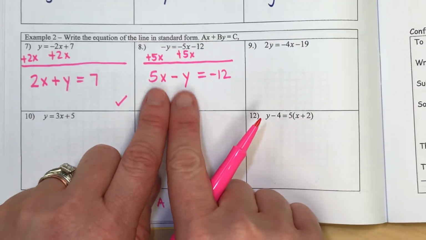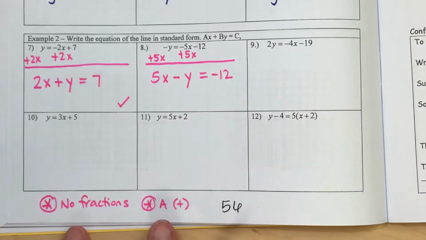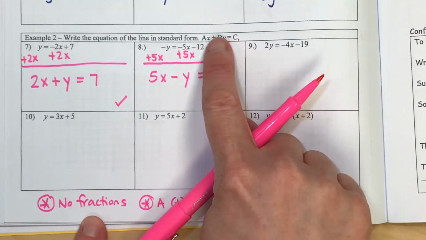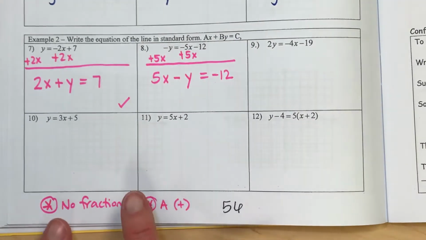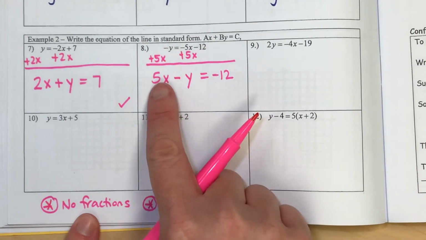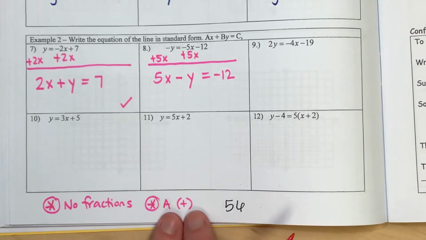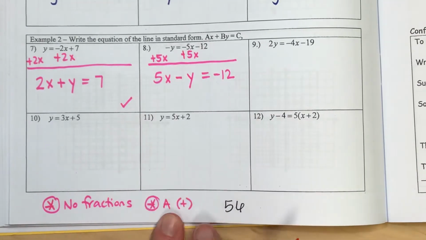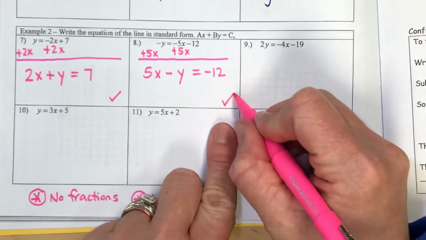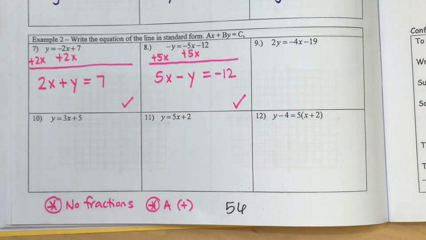Notice how my x and y are together, so that I do have the format here that we want, ax plus by. I have no fractions in my function, 5x minus y equals 12, so that condition has been met. And also that number in front of my x term is positive, and so this is my completed standard form.